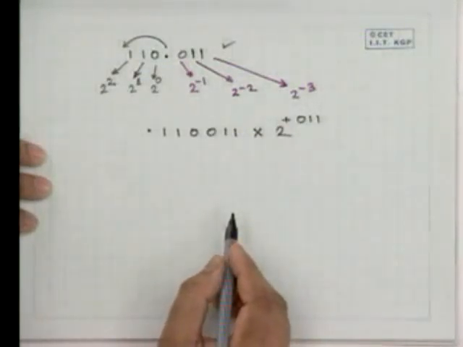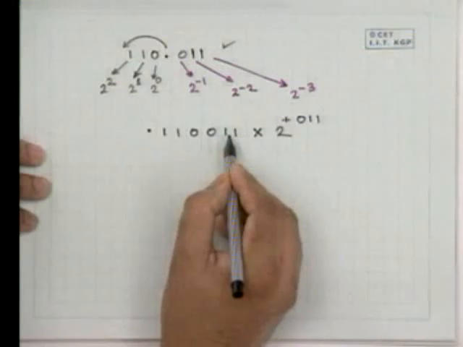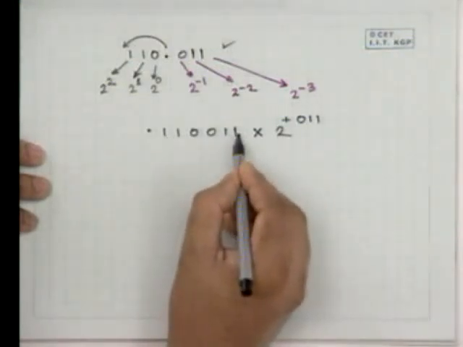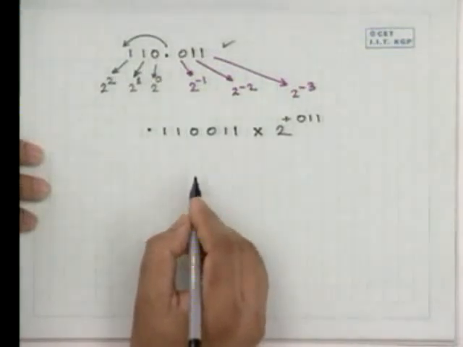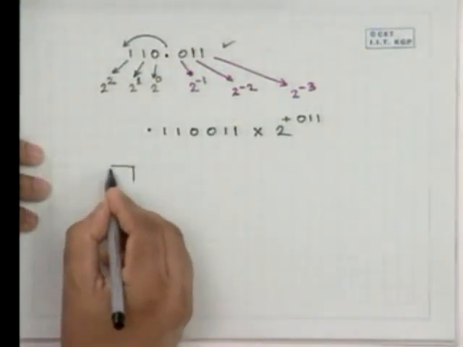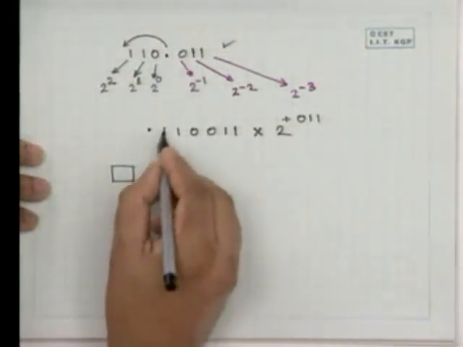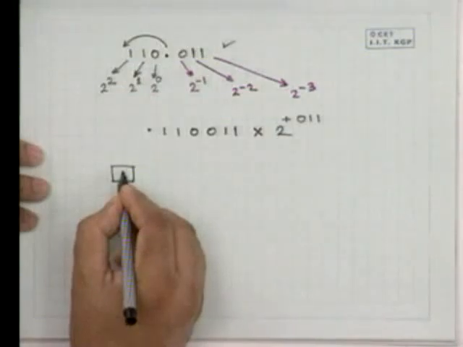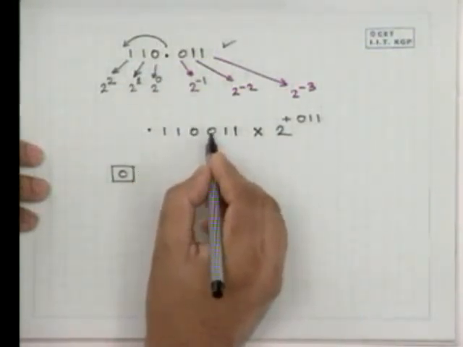Once more, we assume that 6 significant binary digits can be kept, and therefore we keep first the sign bit. This is a positive number, therefore 0 is the sign for this number.